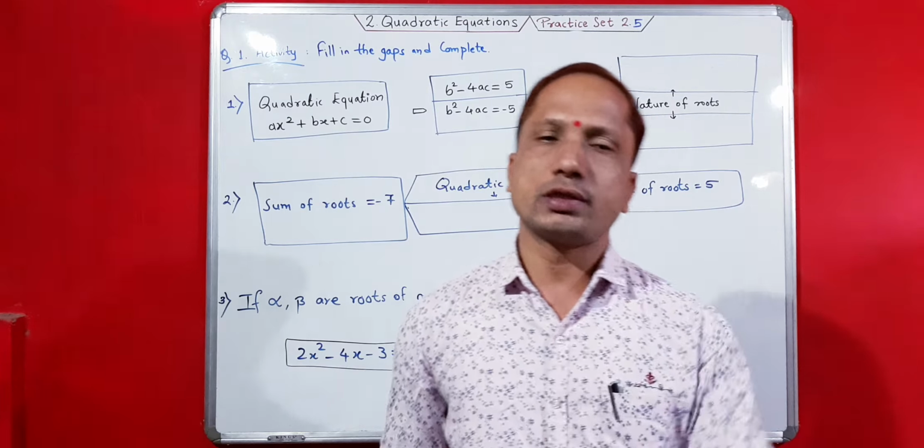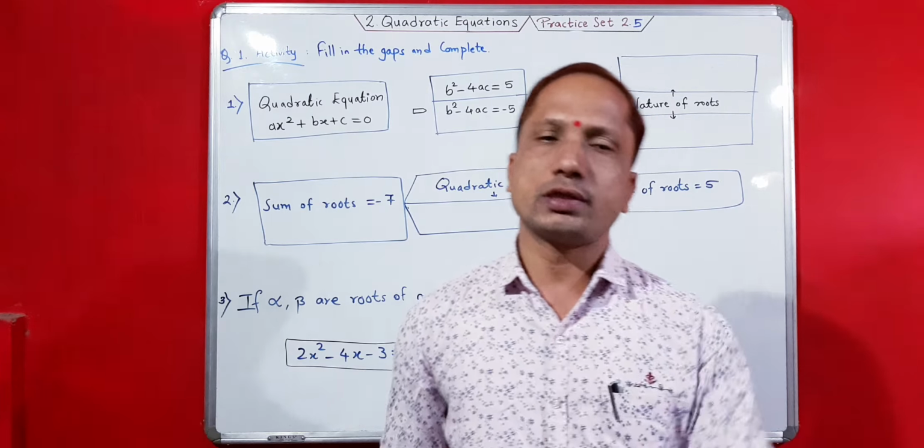So x square remains as it is, minus the sum; the sum is minus 7, so put minus 7 here with x, and the product is 5, is equal to 0. So you'll get x square plus 7x plus 5 is equal to 0. This is the quadratic equation obtained by using the sum of roots and the product of roots. I will tell you in detail about all these things later.